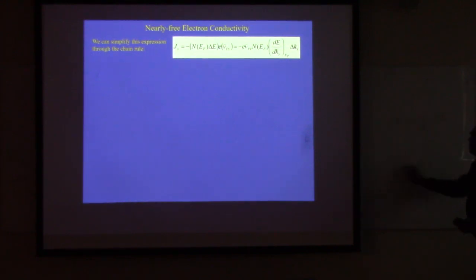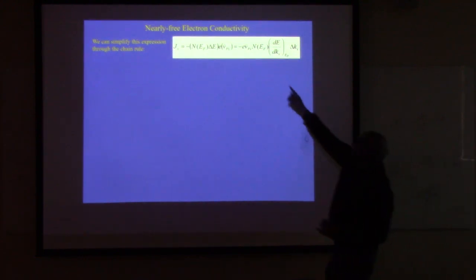That is Vg, right? Vg equals 1 over H cross dE over dk. That means dE over dk I can write as H cross times Vg, right? H cross times Vg, that's what we have here.